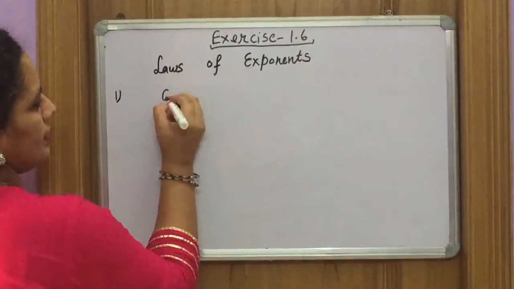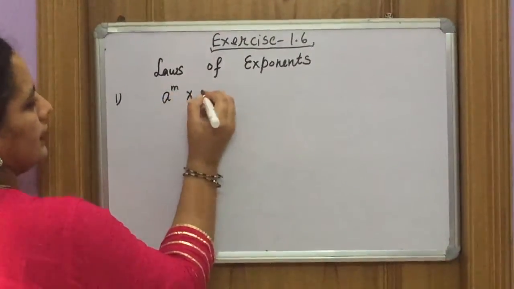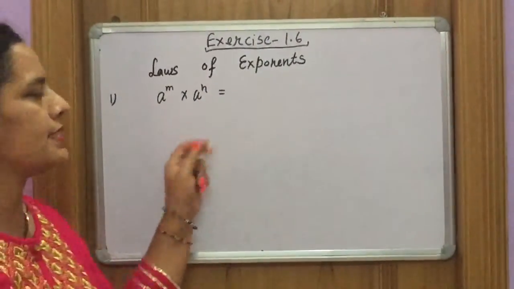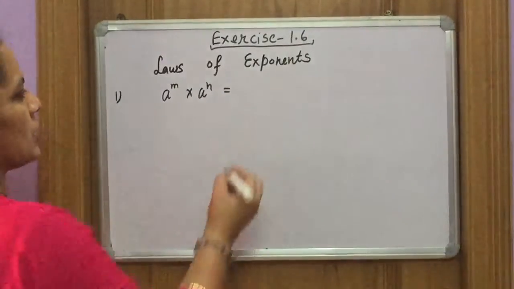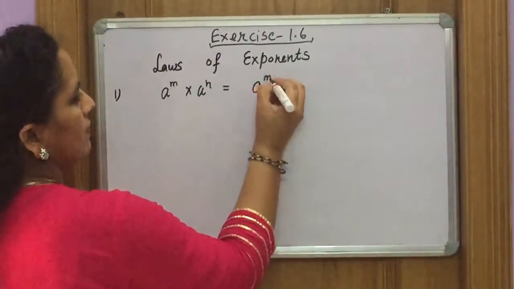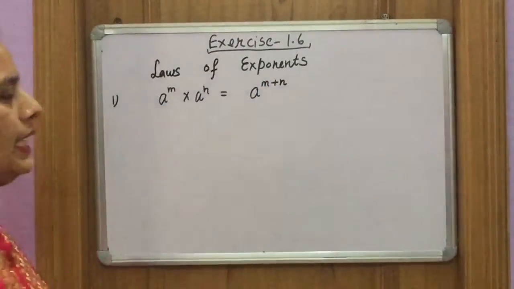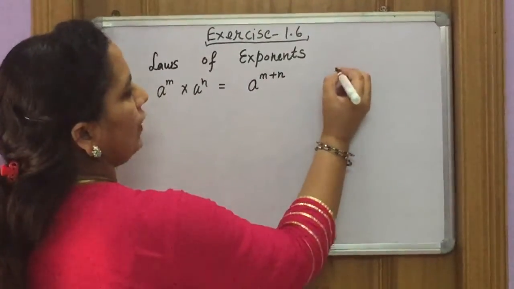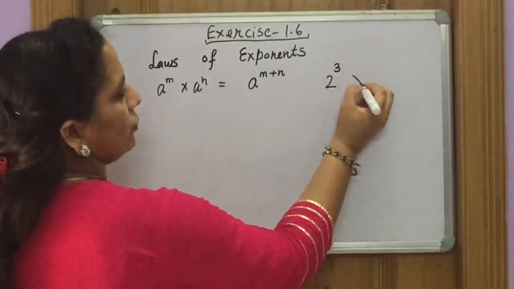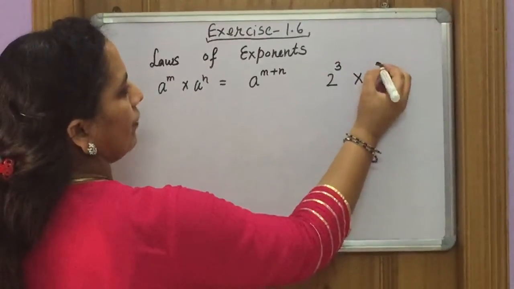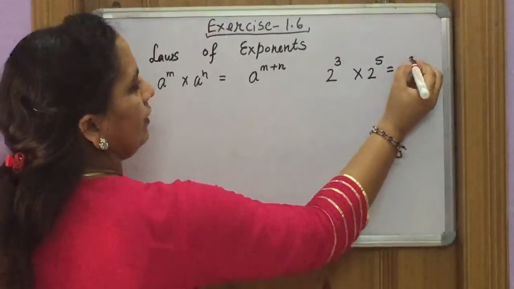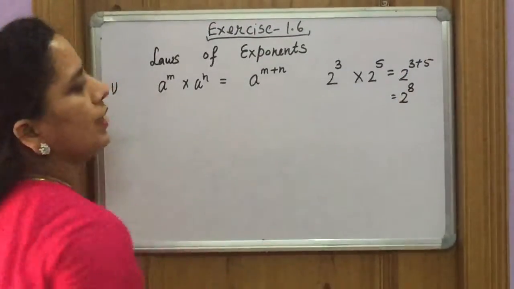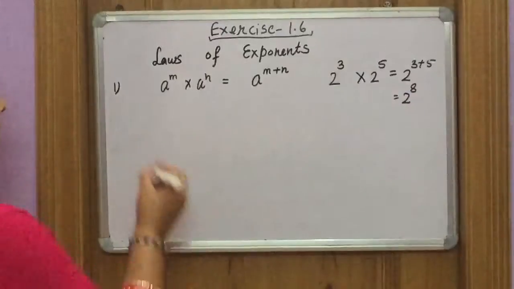So first is, if we have this type of term, that is if we have base is same, then its power must be added. That means we will write it as a raised to power m plus n. For example, if we have 2 raised to power 3 and 2 raised to power 5, then it will be equal 3 plus 5, that is 2 raised to power 8.